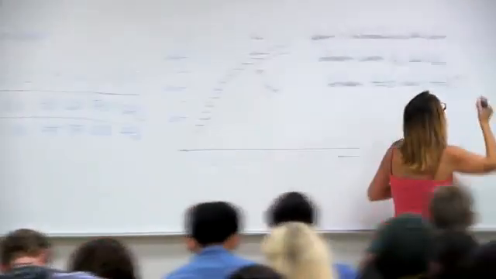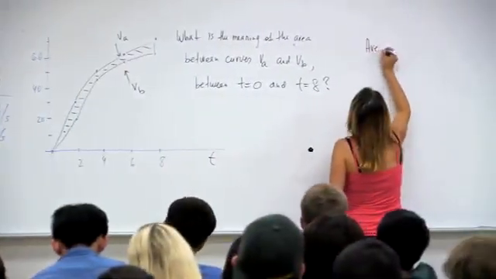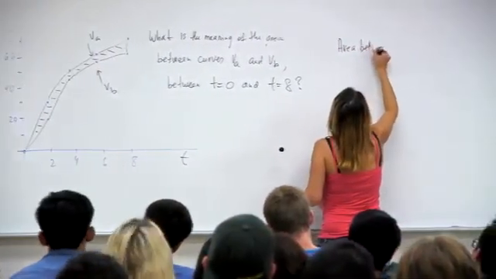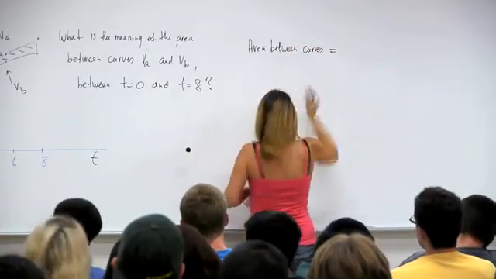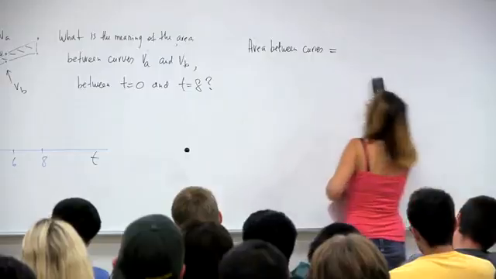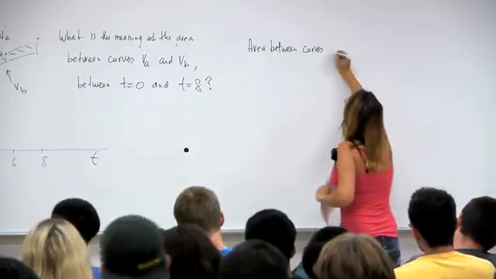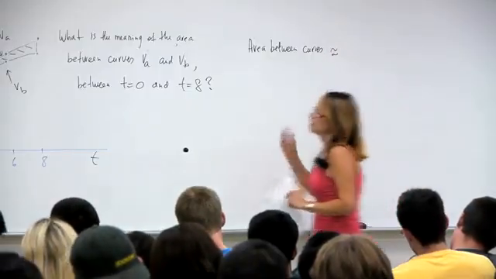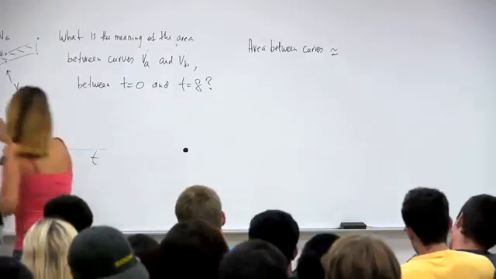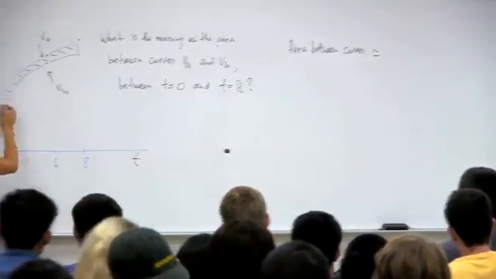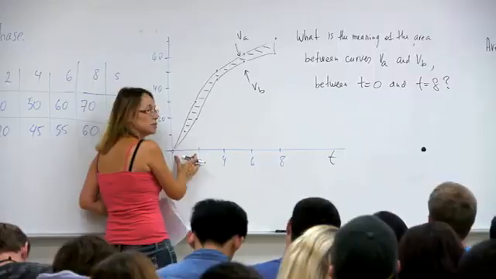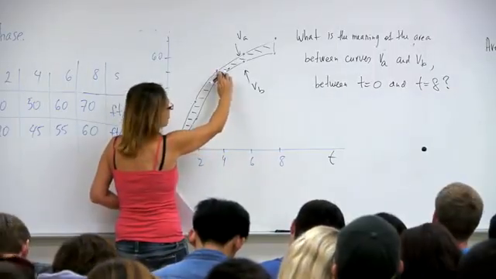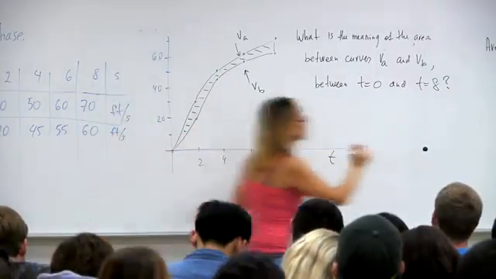Okay, so the area between curves is approximately equal to: I have to take this value minus this value times delta t plus this value minus this value times delta t, and so on, right?